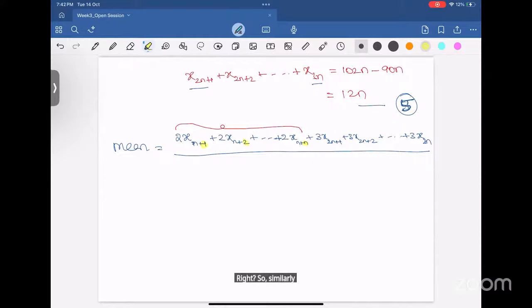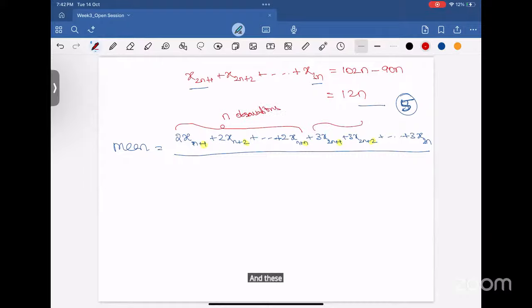Similarly here also, plus 1, plus 2, and 3n you can write as 2n plus n. So these are n observations.